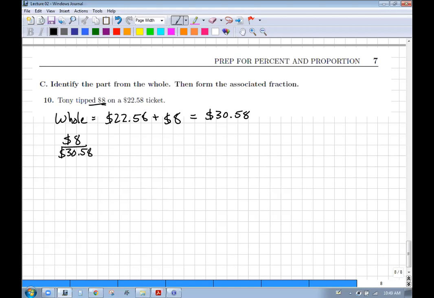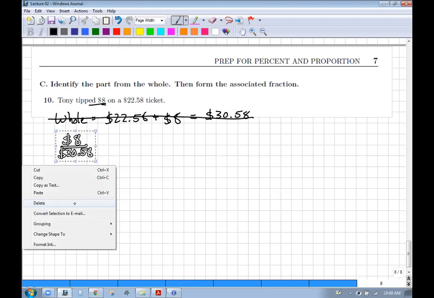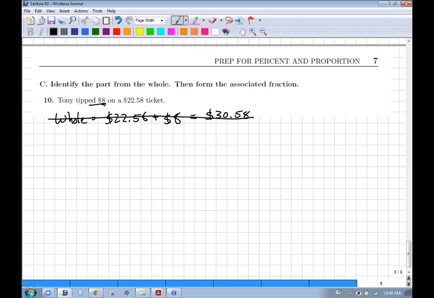Okay, let me get my calculator out here. Let's think about this a little differently. I'm thinking maybe let's not look at it like that. If you tip $8 on 22.58, maybe what they're looking at here is what percentage did you tip, right?